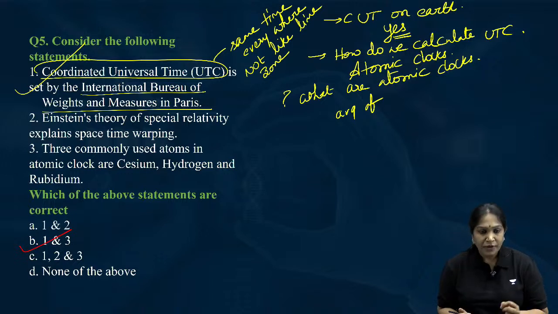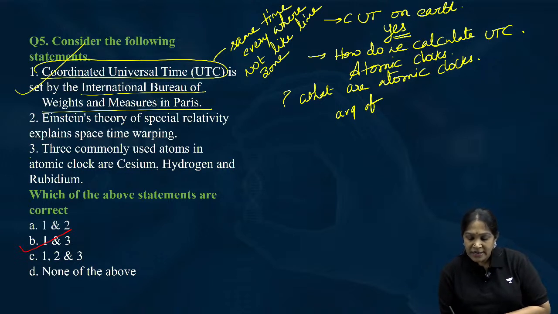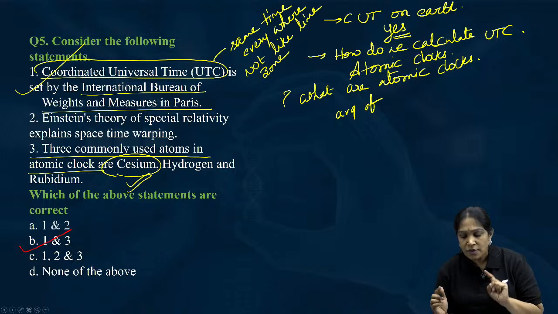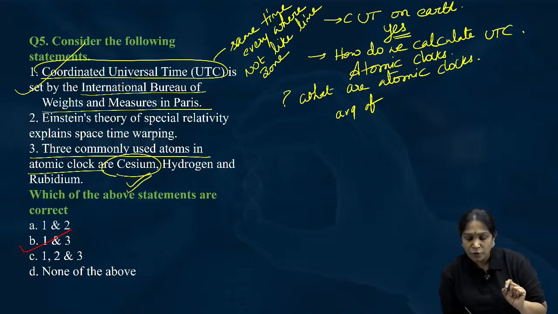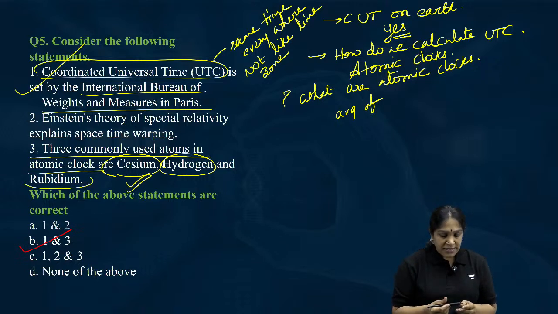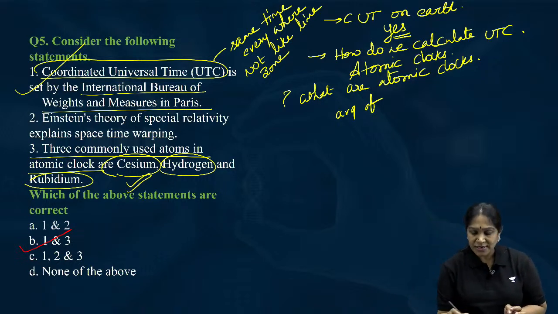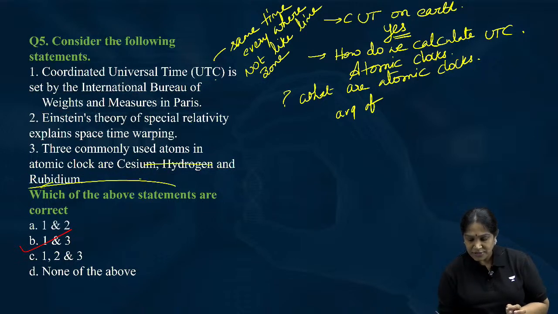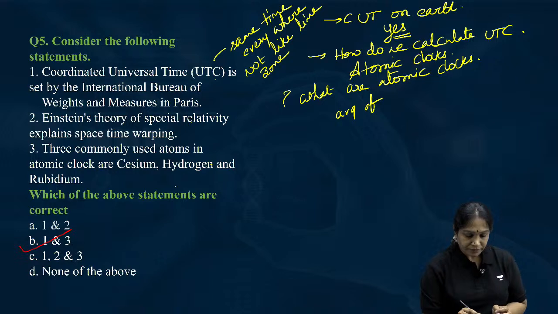Next statement: the 3 commonly used atoms in the atomic clocks are cesium, that I already told you, but we are also using hydrogen and rubidium. These are the other atoms that can be used. This is also a factual question, you just have to remember this. So this is correct.